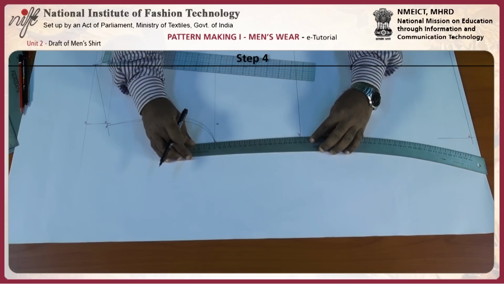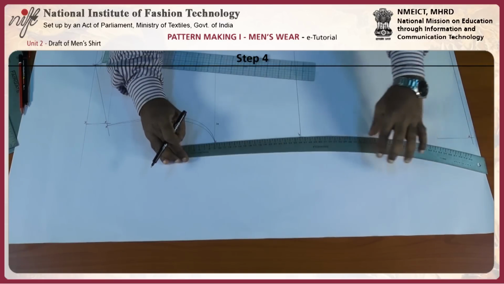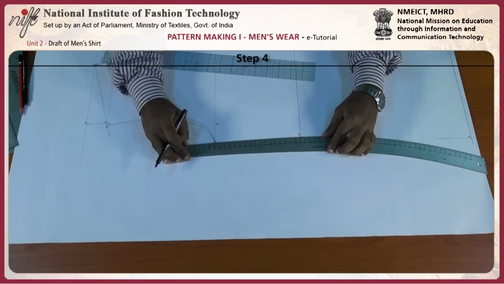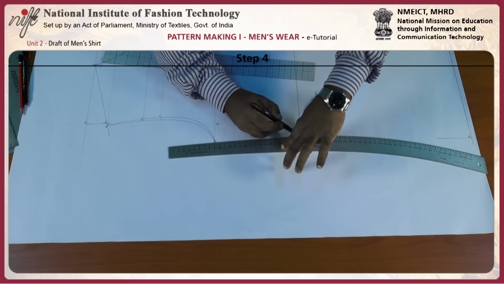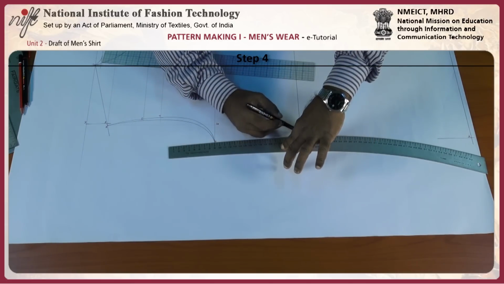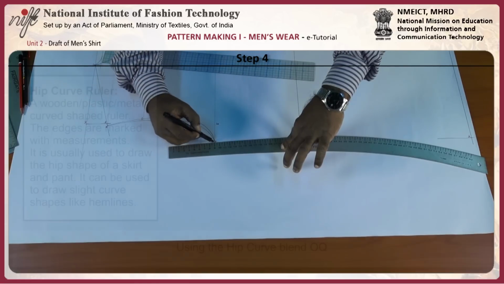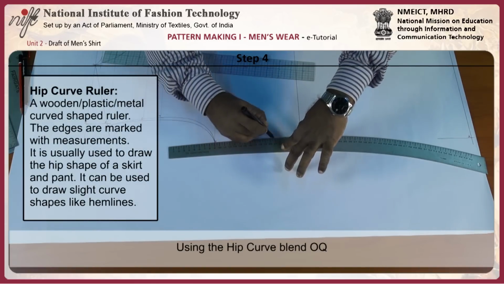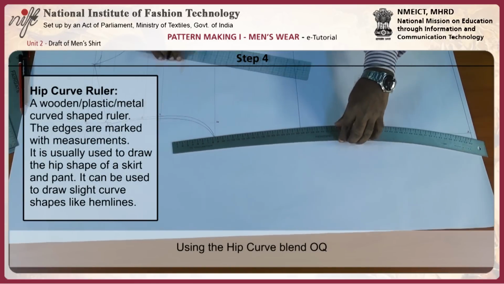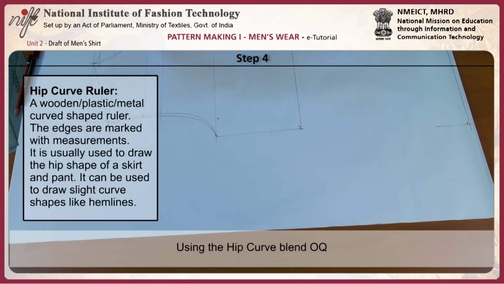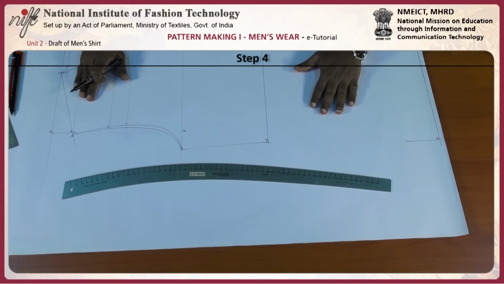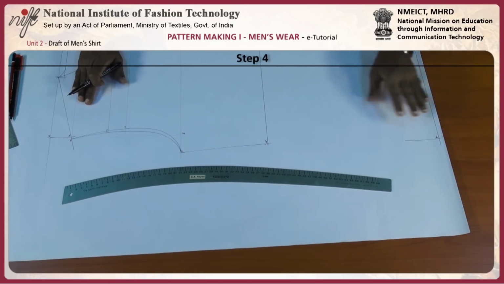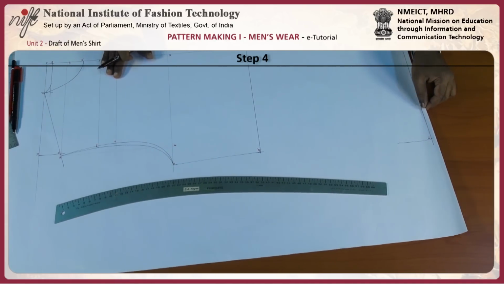It's advisable to use a lesser side curve, or curves like the hip curve or French curve. Blend first O to Q, then mark.